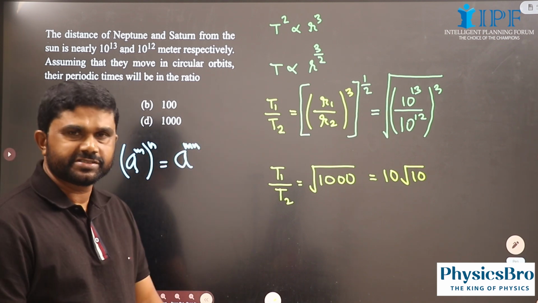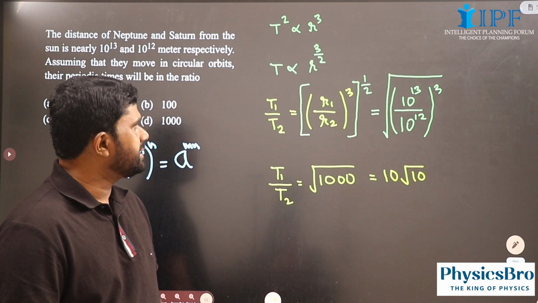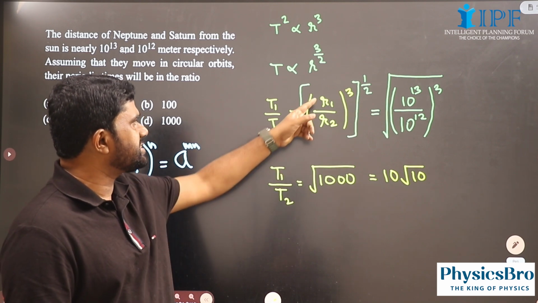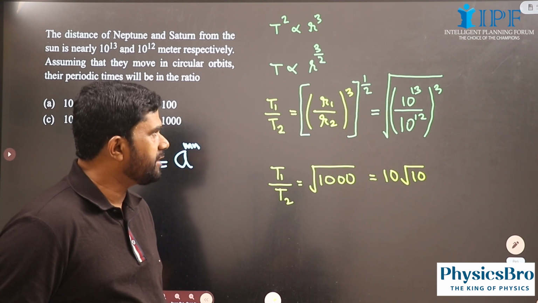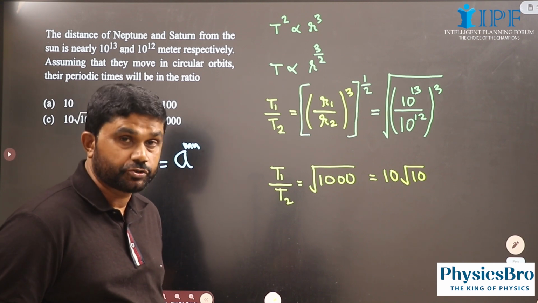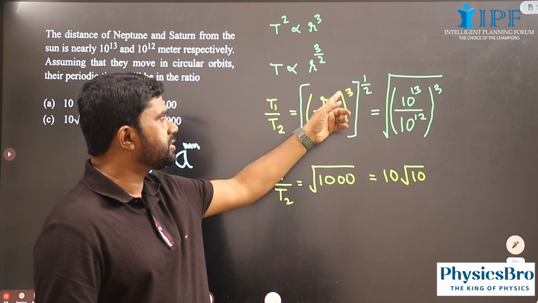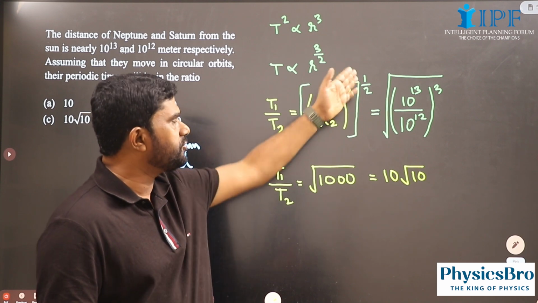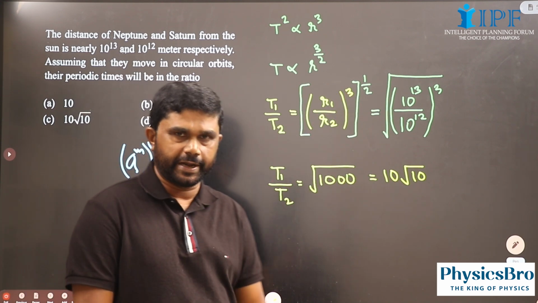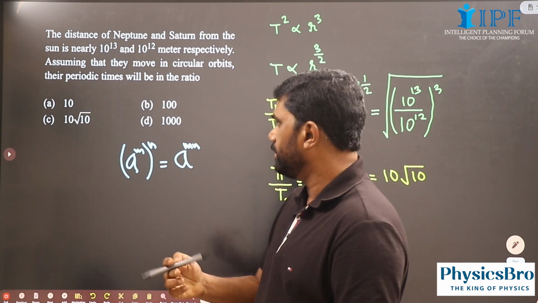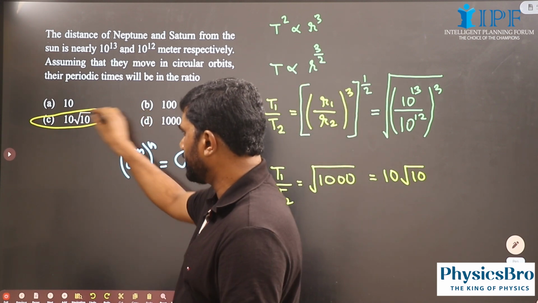Okay, theory of indices. Okay, so we will get this r1 is 10 raised to 13 and r2 is 10 raised to 12. So that will be 10 raised to 13 by 10 raised to 12 equal to 10 raised to 3, means 1000, and we have to take the square root of 1000. Square root of 1000, that is 10 root 10. 10 root 10 means this will be the correct answer.